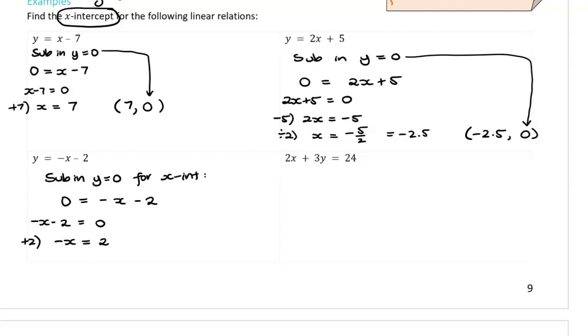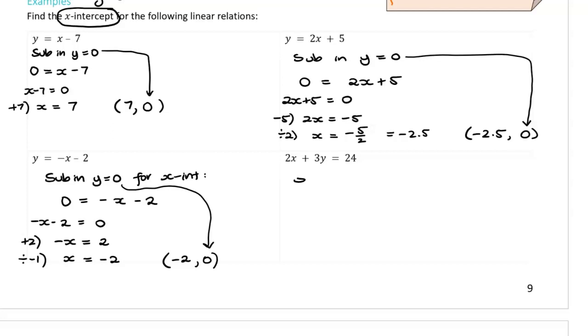Minus x will be 2. And we need to get x all by itself. We can't have minus x. So you can either divide or multiply by negative 1, which will give you x equals negative 2. So our coordinate here is minus 2, the x value we just found. And remember, we had that y value of 0. I like to imagine that I'm dragging it down from there and putting it in my point.